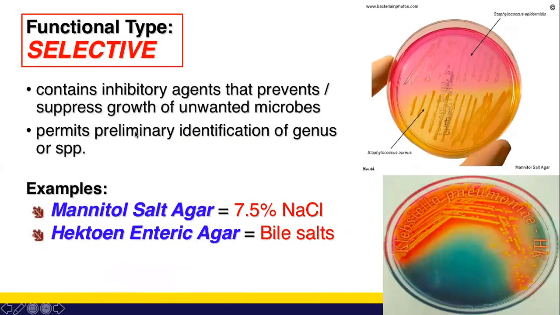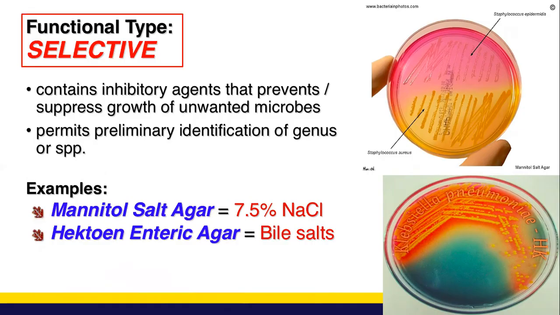Then we have selective media. Selective media is designed to inhibit unwanted commensals or contaminating bacteria and help recover pathogens from a mixture of organisms. So selective media are technically agar-based.